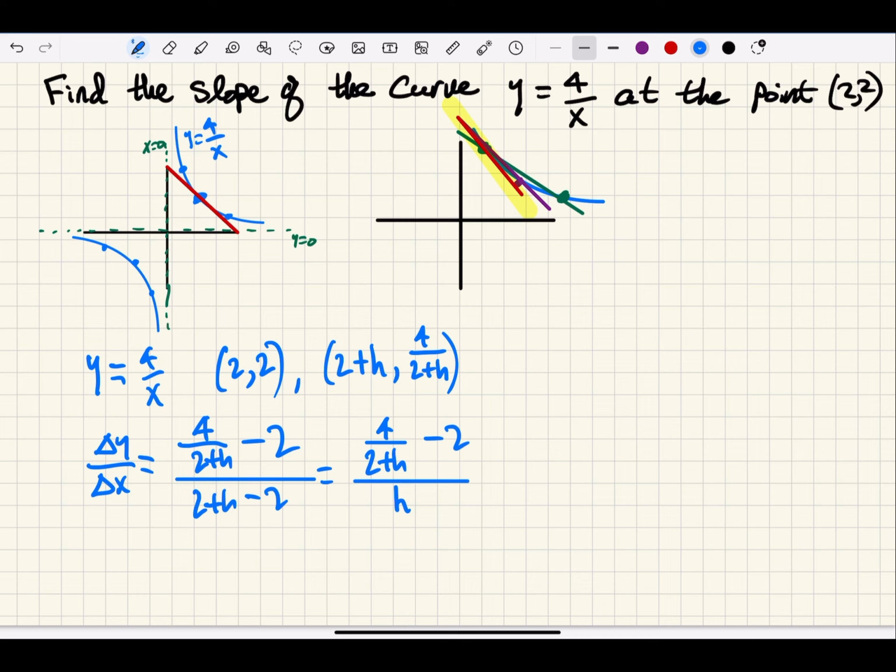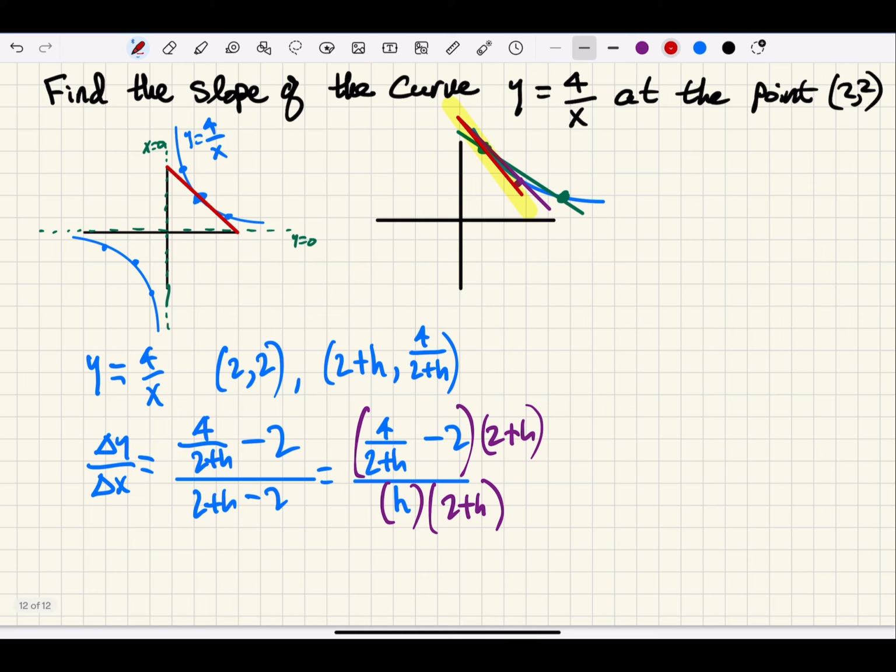One thing that we might do is think about, well, what do we do whenever we have a complex fraction? We multiply the top and bottom by the lowest common denominator of all fractions inside the complex fraction. And we notice that the only fraction inside this complex fraction is 4 over 2 plus h. Its denominator is 2 plus h, so we'll multiply that on the top and bottom.